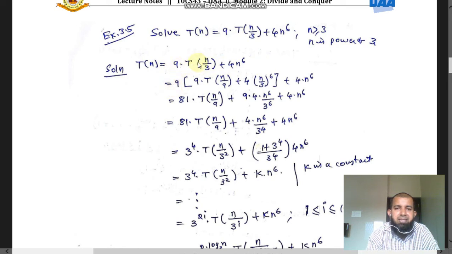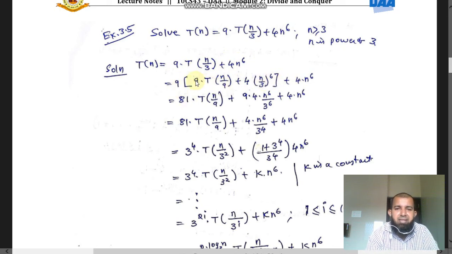By using the substitution method, you just replace T(n/3). So 9 is written as it is, and T(n) can be written as 9T(n/(3*3)), that is 9, plus 4(n/3)^6, then plus 4n^6. So T(n/3) is substituted here, and the remaining part is the same, 9 and 4n^6.